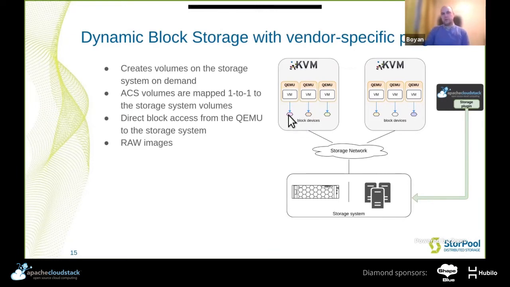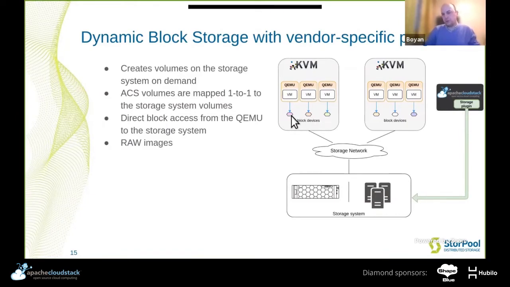One of the differences from the previous scenarios I showed you is that these virtual disks, the LUNs, are not attached to all hypervisors all the time. They are attached on demand. Another difference is that with this kind of storage in CloudStack, we use raw disk images. So it's not QCOW format on the storage system. It's raw disk image format.